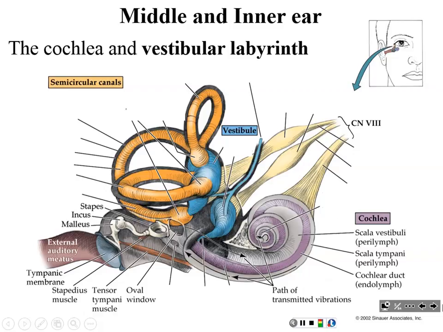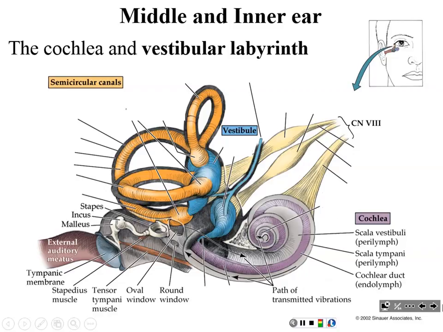Inside the cochlea, we described last time the scala vestibuli and the scala tympani, both of them filled with perilymph, and the cochlear duct or the scala media that is filled with endolymph. Okay? And once the wave traveled inside the cochlea and went through the basilar membrane, it exits through the round window.